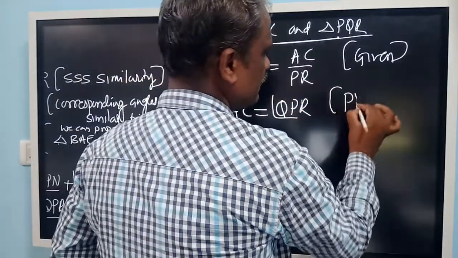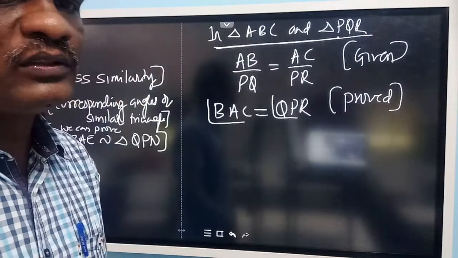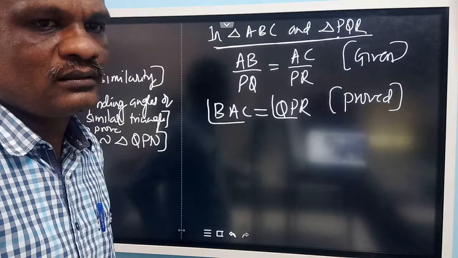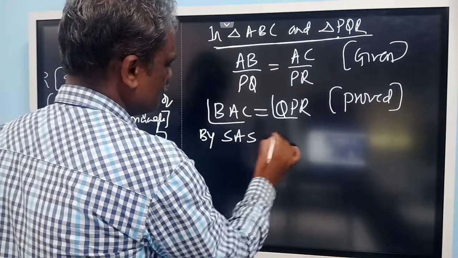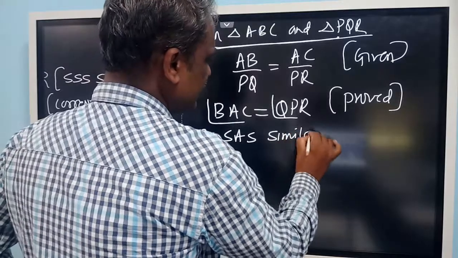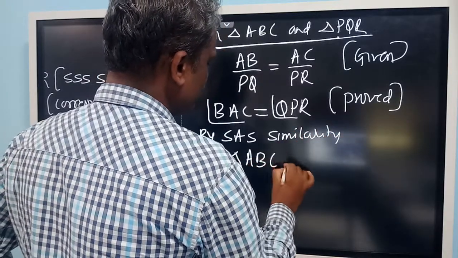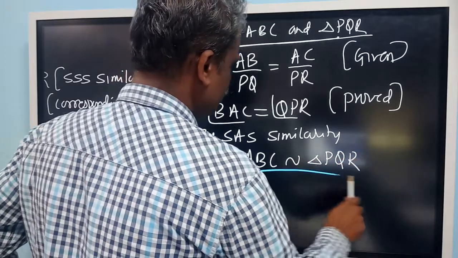This is proved. Now tell me what criteria you can use here to declare that the triangles are similar? SAS. So therefore by SAS similarity, I can declare these two triangles are similar. Triangle ABC is similar to triangle PQR. So that is the proof.